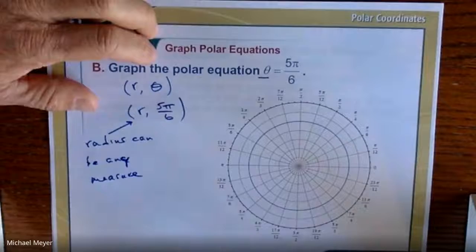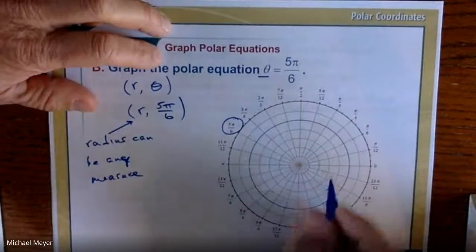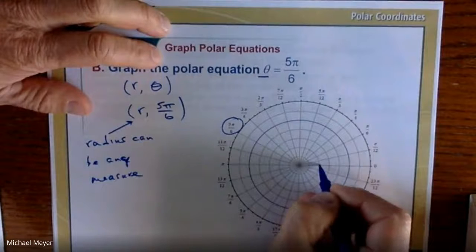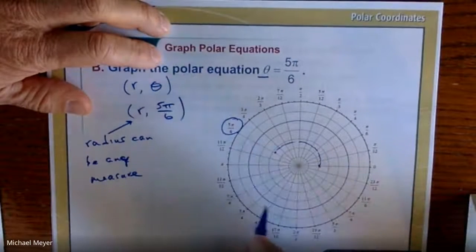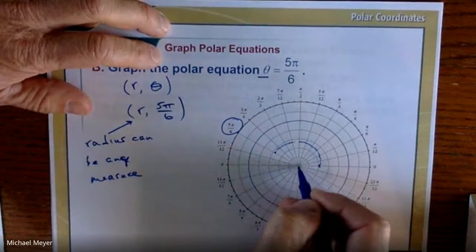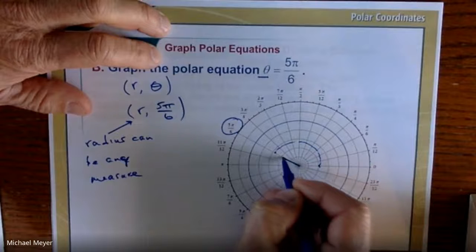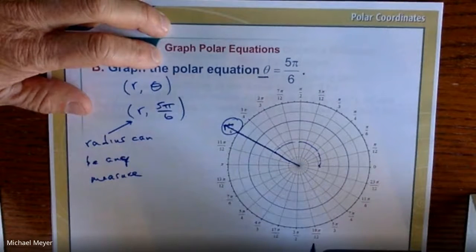So if that's the case, let's see, here's our coordinate grid here. Here's 5 pi over 6. So I would rotate around to 5 pi over 6. And our radius can be any value. So we could have a radius of 1, 2, 3, 4, 5, 6, 7, going in that direction there.